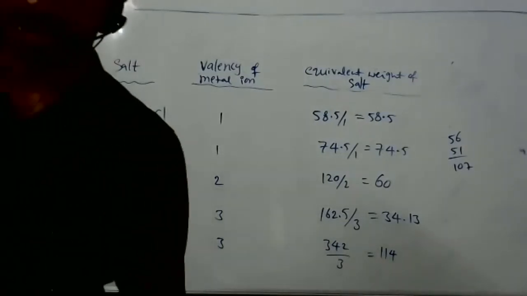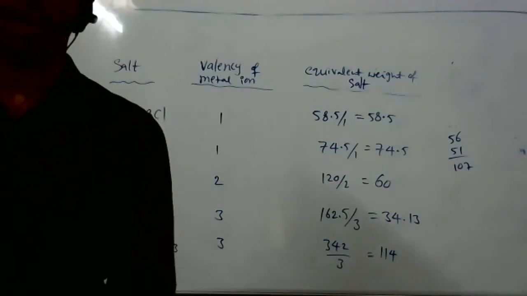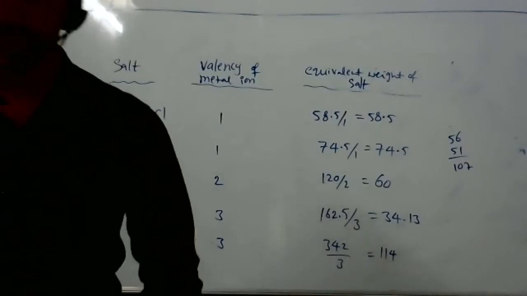So this is the way of calculating equivalent weights. In the molarity formula we write molar mass; here we write equivalent mass. That's the only difference.